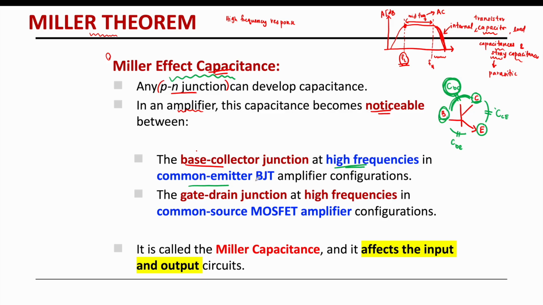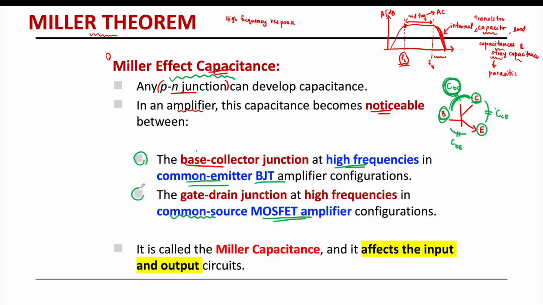Another situation that makes the Miller effect capacitance noticeable is in the MOSFET amplifier, in the common source configuration.